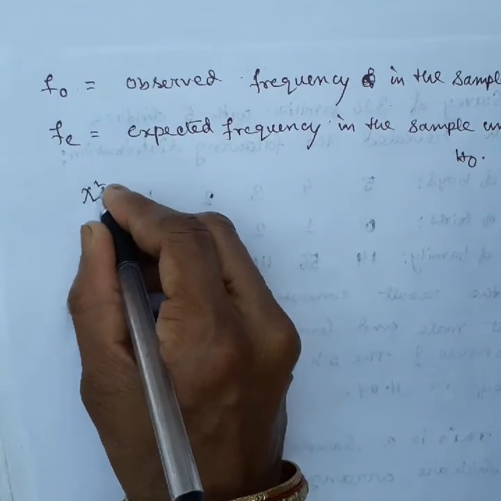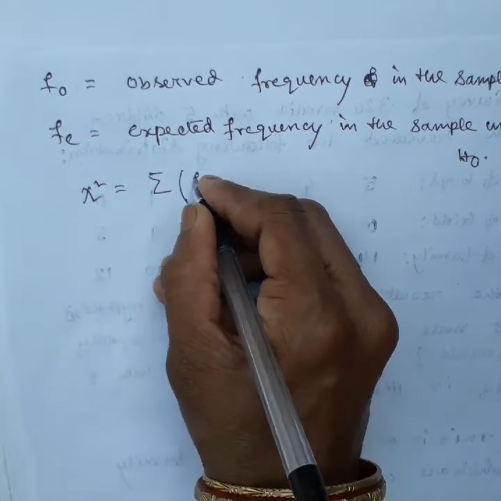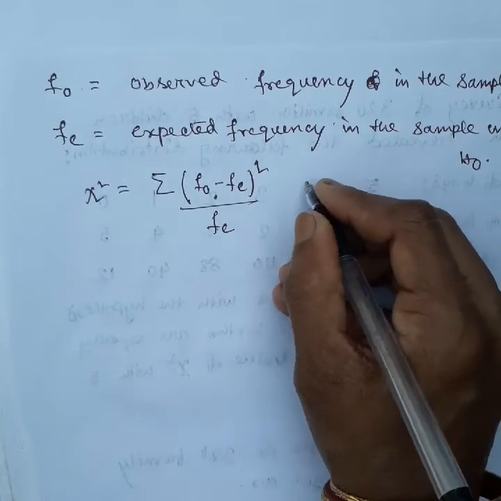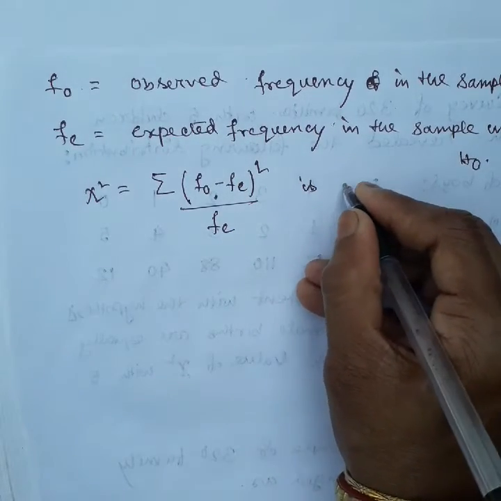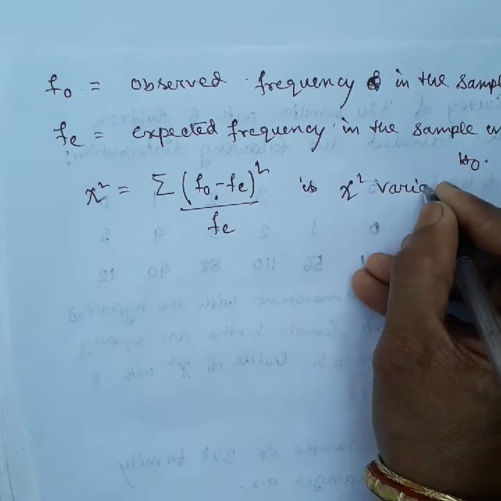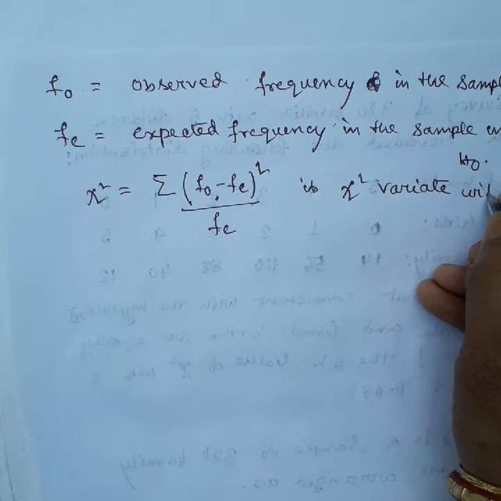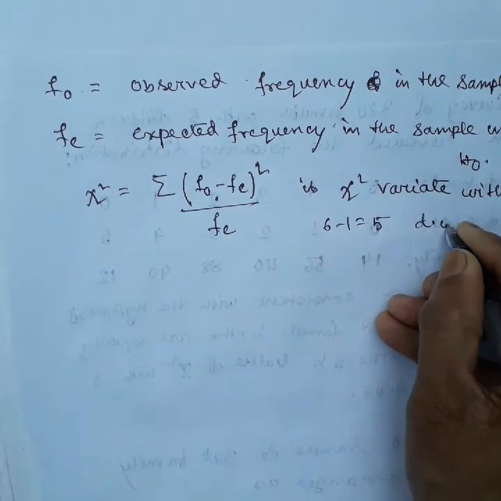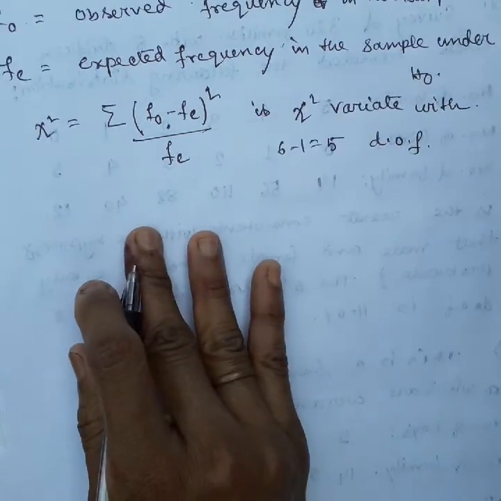So chi-square is equal to summation of (FO minus FE) whole square by FE, this is a chi-square variate with 6 minus 1, that is 5 degrees of freedom.